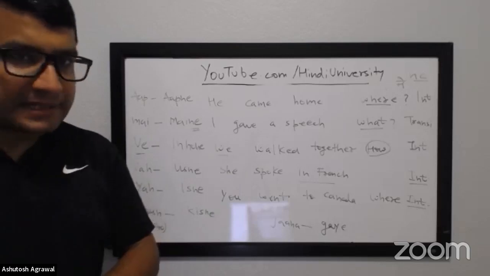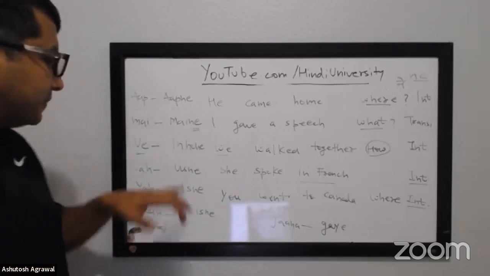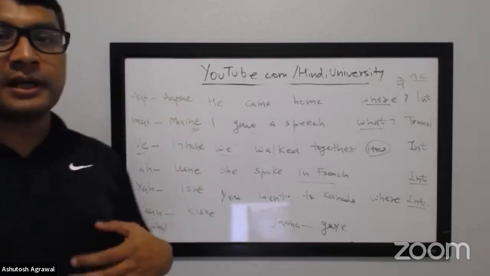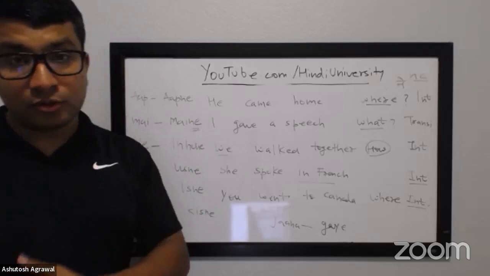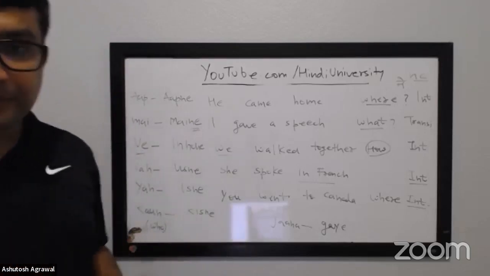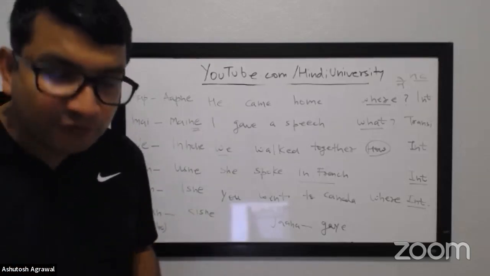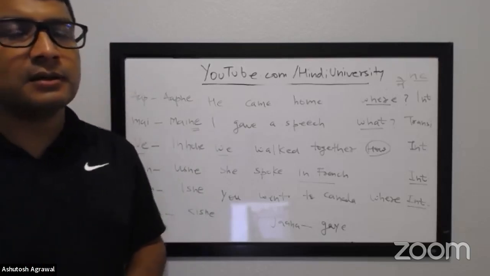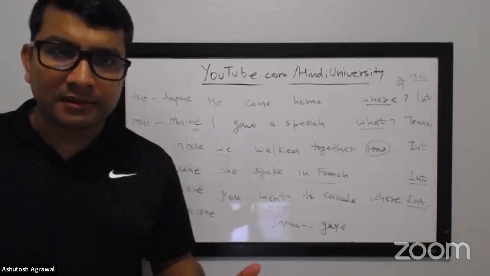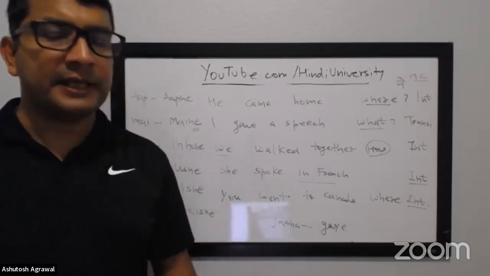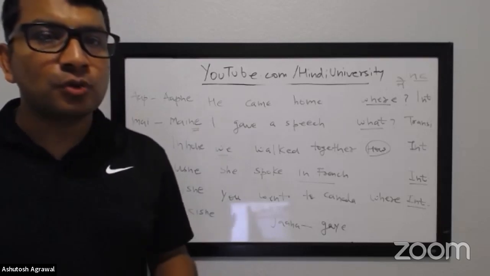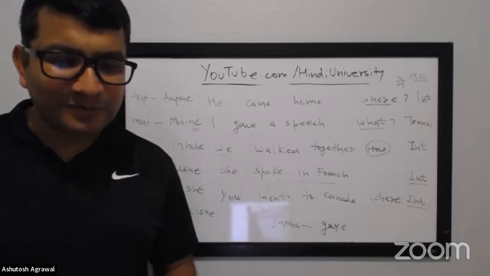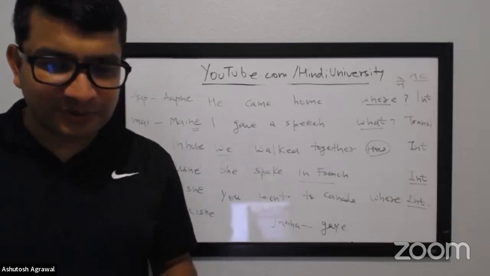As I said, the subject will be governed by the postposition ne: aapne, maine, inhone, unhone, humne, tumne, tune, sabne, or kisne. If you hear in a Hindi sentence, and you will hear it when we read the paragraph, the subject being used with ne, that should give you the clue that there ought to be an object there, and the verb that is being used is a transitive verb.